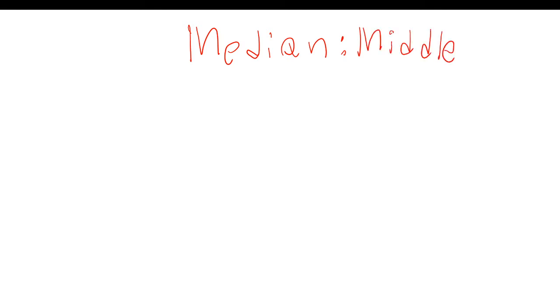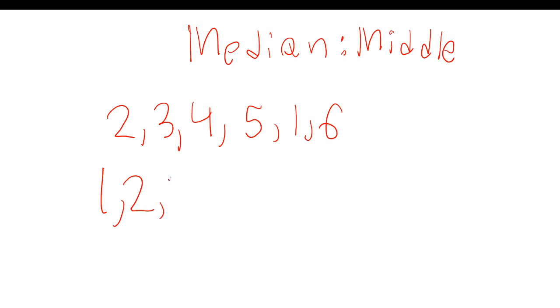Now let's move on to median. Median is the middle number, the middle value. So if we have 2, 3, 4, 5, 1, 6, to find the median, we first need to arrange it from least to greatest, and find the value such that we have an equal number of numbers on both sides.